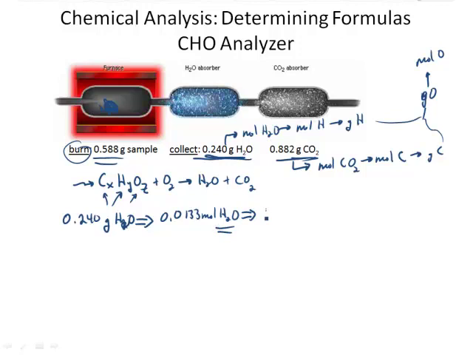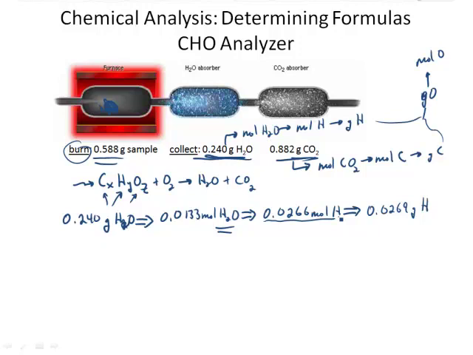So that means you have 0.0266 moles of hydrogen. While we're here, I'm going to convert that to grams of hydrogen times 1.01. So that comes out to 0.0269 grams of hydrogen.